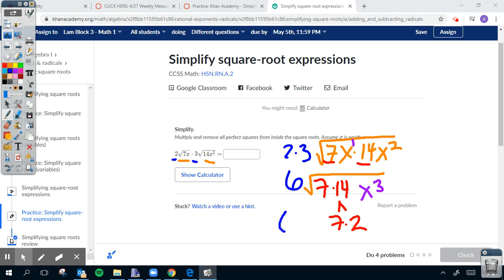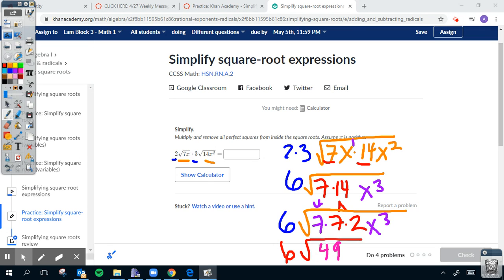What I'm going to do with that is drop everything else down. And this way, it's easier to see the 7 that I dropped down, this 7, times 7 times 2, and then drop down the x to the third on the back. If I have 7 times 7 here, I know it's a perfect square because it's equal to 49.